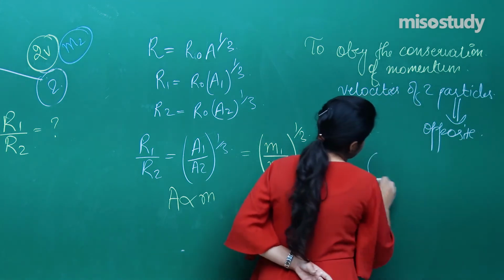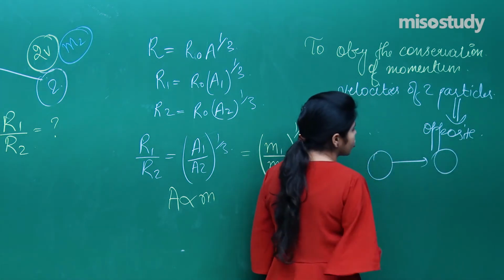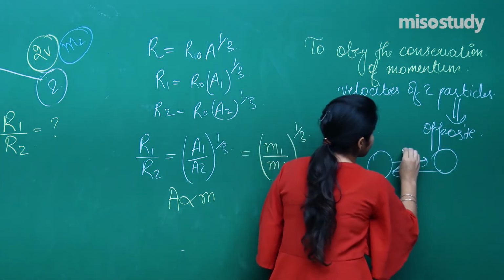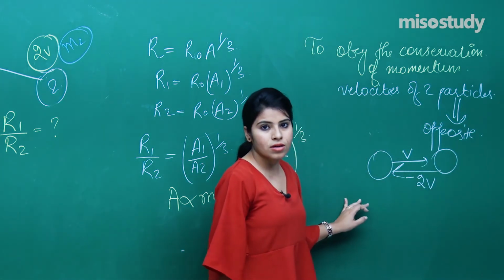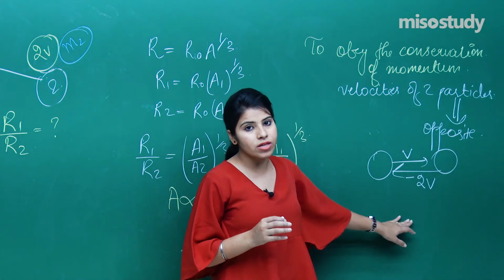Opposite in the sense, suppose these are two particles, if one is moving in this direction, another one should be moving in this direction. So that means if it is moving with V, it will be moving with -2V, right? Because to show the opposite direction, we are using a negative sign over here.